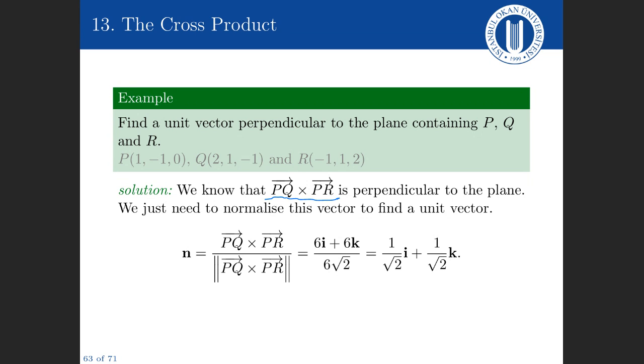Remember how we find a unit vector which points in the same direction as a vector? We just take the vector and we divide by its norm. So what we're doing is we're doing our vector 6i plus 6k, and we're going to divide by its norm, which calculated on the previous example, is 6 square root of 2. We have the unit vector 1 over root 2 i plus 1 over root 2 k.